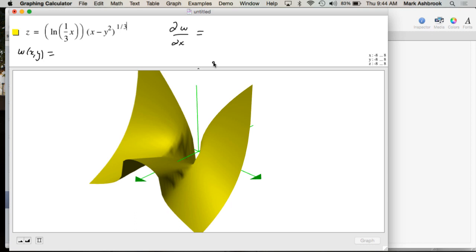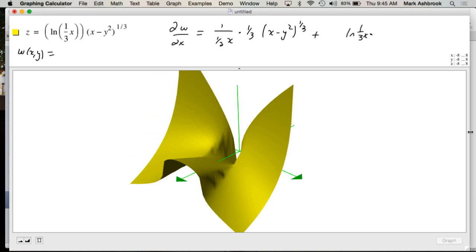So we're going to be applying the product rule. Now there will be chain rule within the product rule, but the main structure of this derivative is going to be product rule. So we're going to do the derivative of the first, I'm going to go fast. Derivative of the first, 1/(1/3 x) times 1/3, times the second as it is, holding y squared constant, plus the first times the derivative of the second.